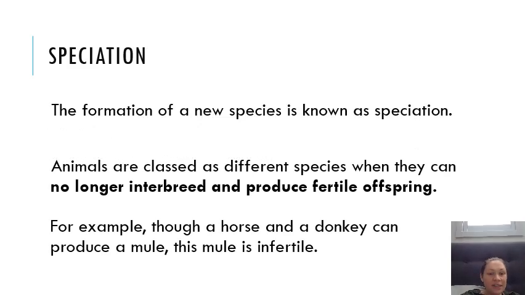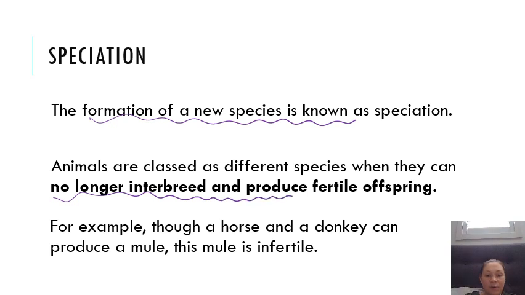Speciation is defined as the formation of a new species. Animals are classed as different species when they can no longer interbreed and produce fertile offspring with the population they originally came from.